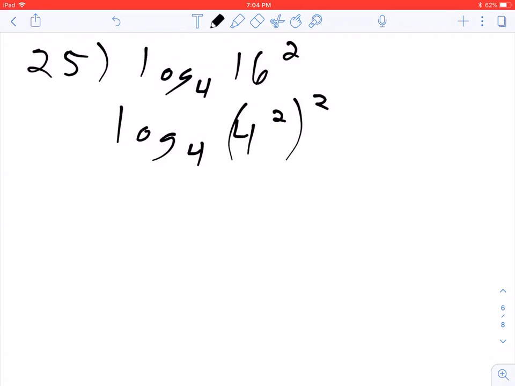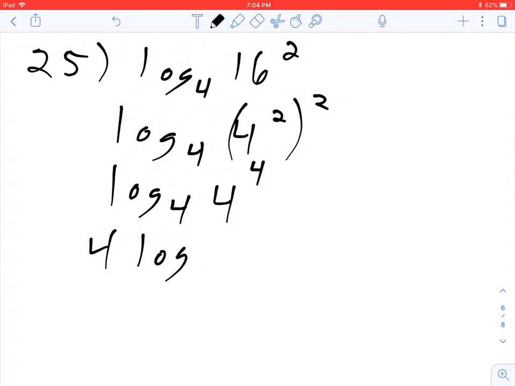Now we have a power to a power, which we multiply. So we have 4 to the 4th. Then we can use the power property to bring the 4 down front. So now it's just 4 times log base 4 of 4. Log base 4 of 4 cancels, and you're left with 4.